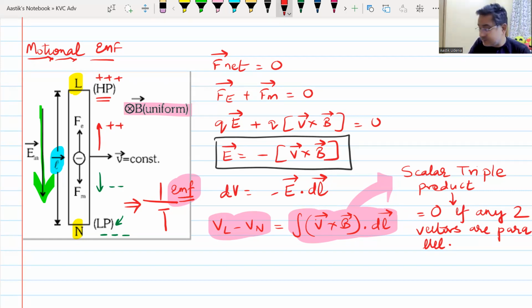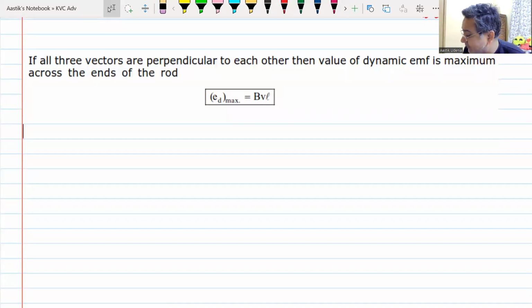Okay, note this down. Noted it down? Yes, sir. Now, if all three of these vectors are perpendicular to each other, then the EMF will be maximum and that value will be equal to VBL.